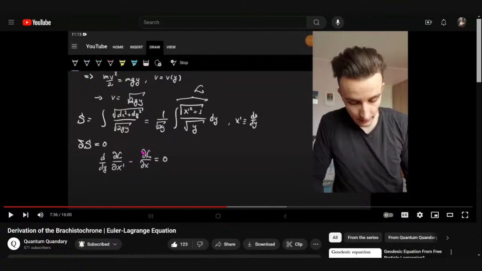And this was our conclusion, that when delta S equals 0, because what are we saying? We're saying that there's many possible S's. We don't know which Y, which function Y is the best one, is the optimal.